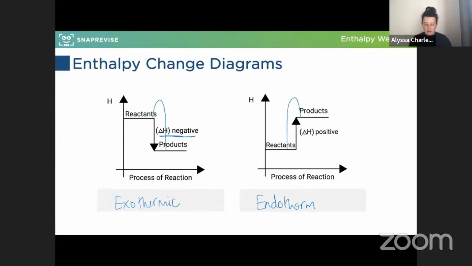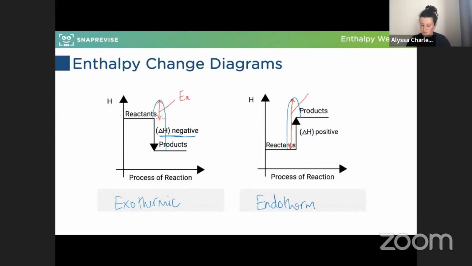Because this is the most common error. Activation energy always starts at reactants and then it goes to the top of the hump. So the activation energy for an exothermic process starts at reactants and goes to the top of the hump. So it is usually smaller than the activation energy, which starts at the reactants and goes to the top of the hump for an endothermic reaction.